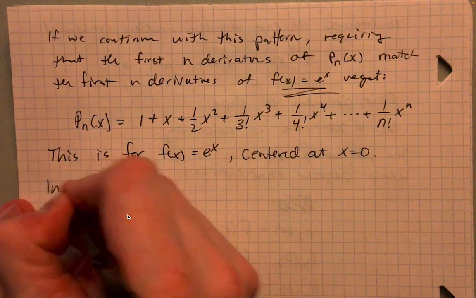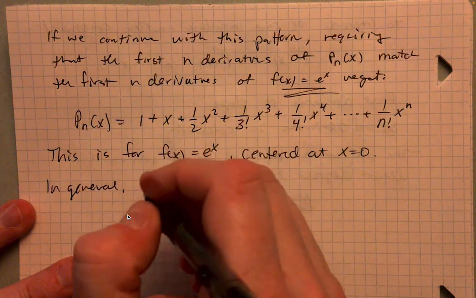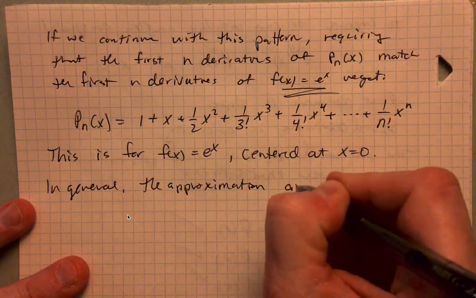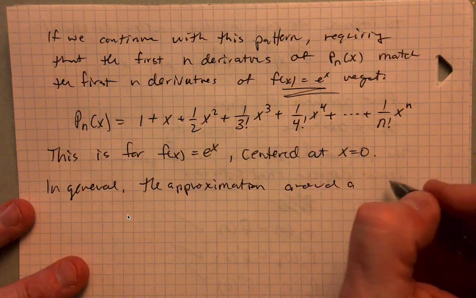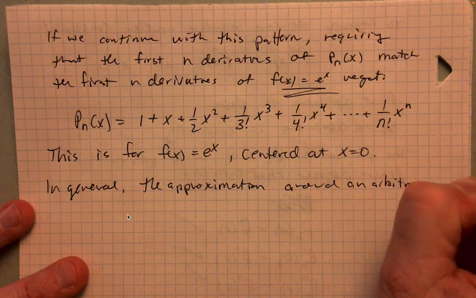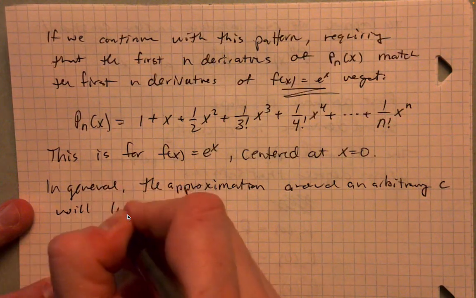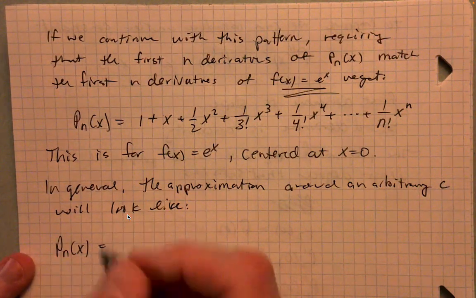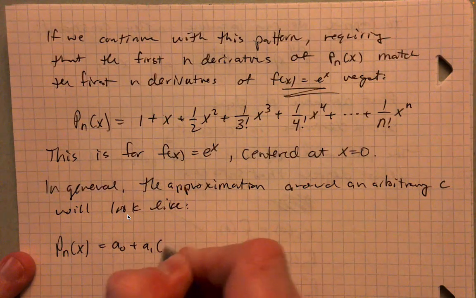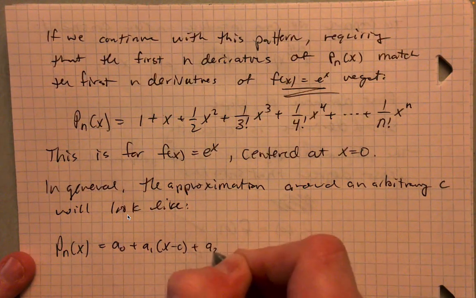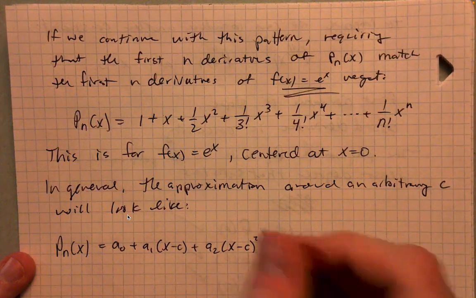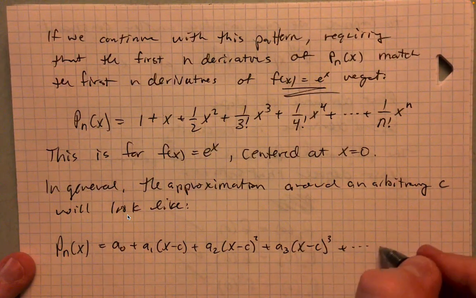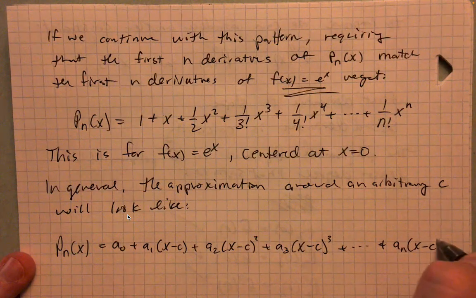And so in general, the approximation around an arbitrary c will look like p sub n of x equals a0 plus a1 times (x minus c) plus a2 times (x minus c) squared, plus a3 times (x minus c) to the third, plus dot dot dot, plus a sub n times (x minus c) to the nth.